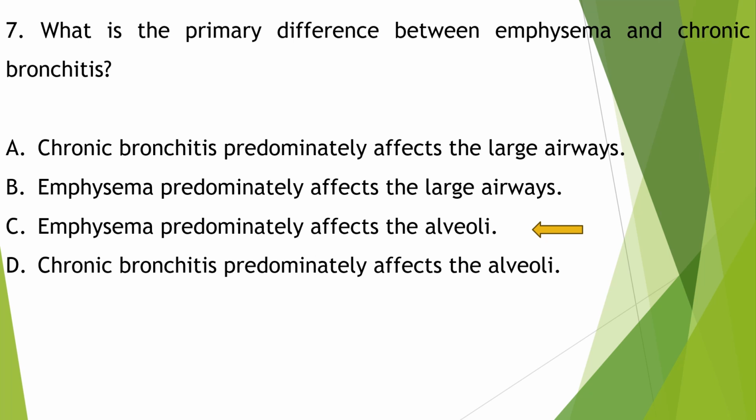Alveoli are affected in emphysema due to air trapping and premature closing of the airways. In chronic bronchitis, the smaller airways are affected because of the increased production of mucus. The walls of the bronchus thicken and cause airway obstruction.